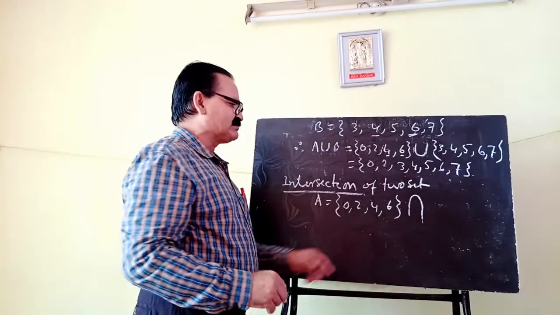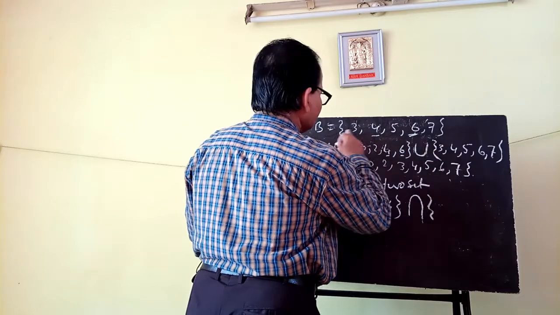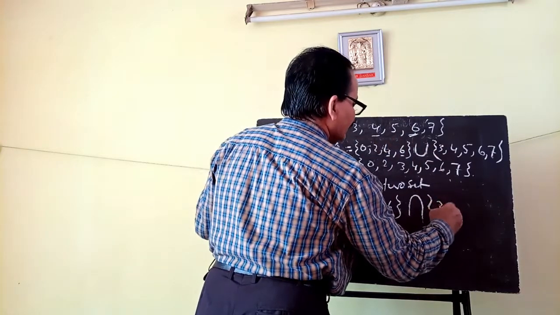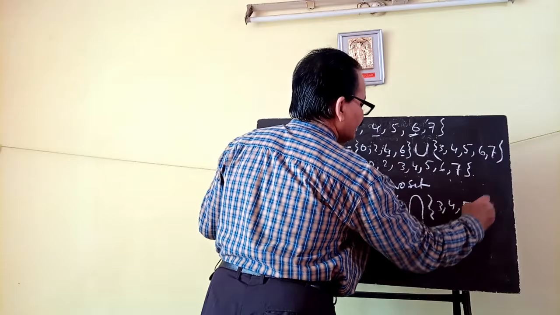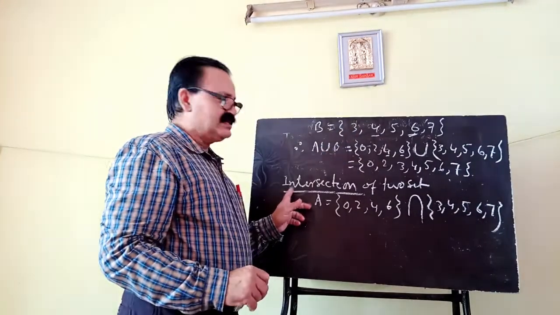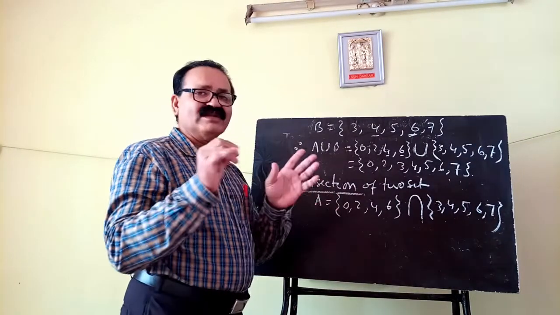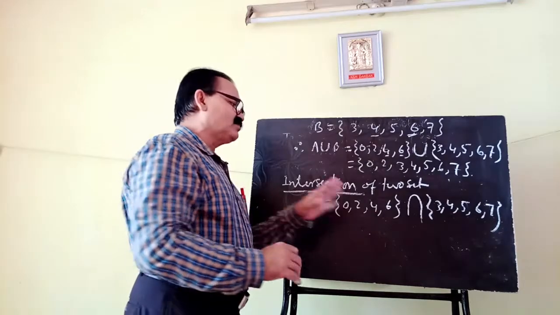That I have just explained. Now set B is 3, 4, 5, 6 and 7. While taking the intersection of sets, since both the sets are overlapping, you have to write only the common elements of both the sets.